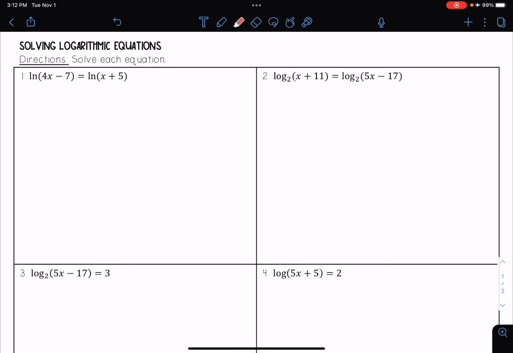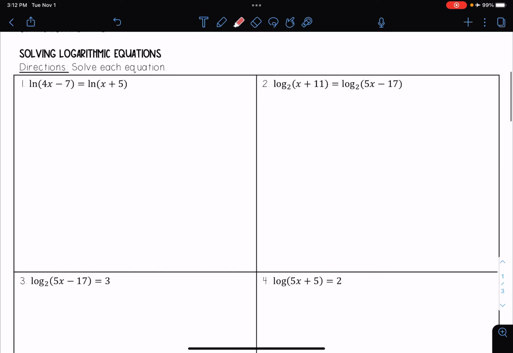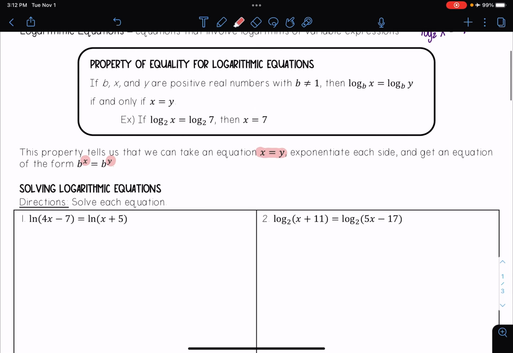For this first one, I have the natural log of 4x minus 7 is equal to the natural log of x plus 5. Using my property of equality, since I have the natural log on both sides, the inside of them has to be equal to each other. So 4x minus 7 is equal to x plus 5.